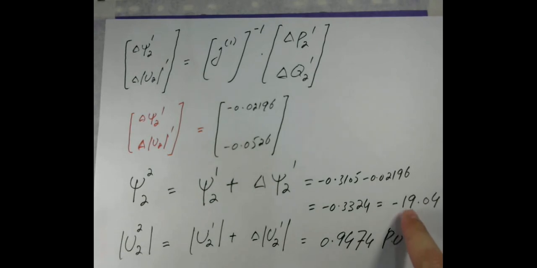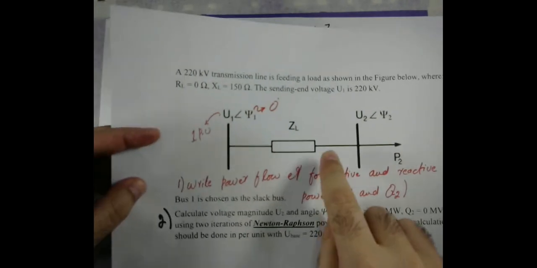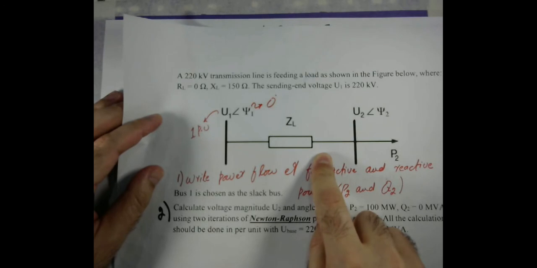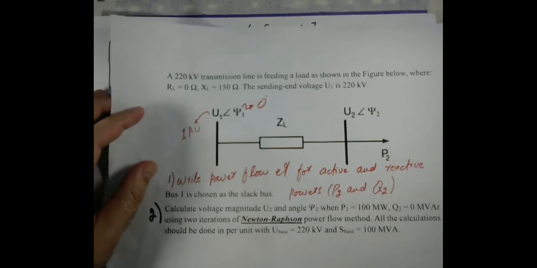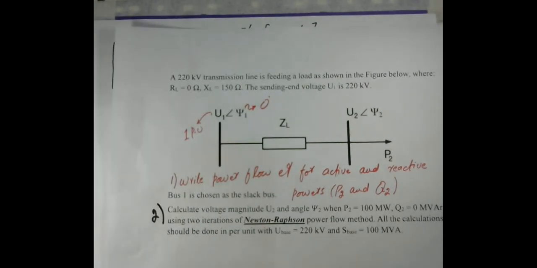Now, as I mentioned in the beginning of this particular problem, I even gave you this problem in the midterm exam, and at that time I asked you to solve it using the Gauss-Seidel method, and I will just show you the results. I will not solve it using the Gauss-Seidel algorithm, but I hope it is clear to you.